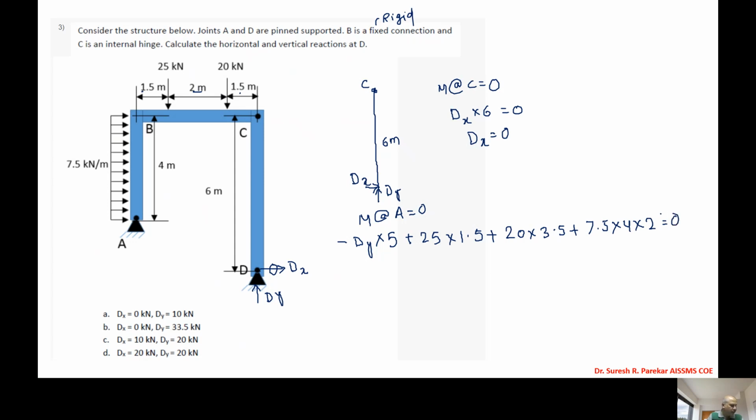And by this we will get the value of Dy, 33.5 kilonewton. So we have Dx 0, so option is B, and Dy 33.5 kilonewtons.